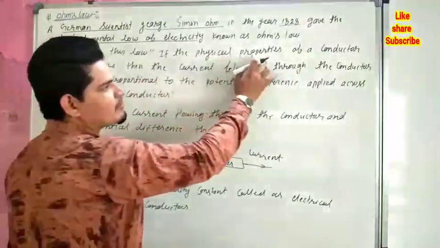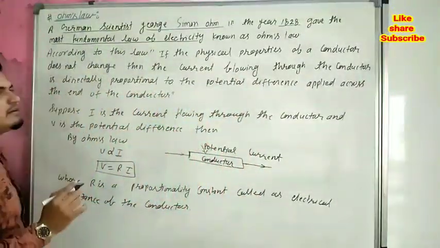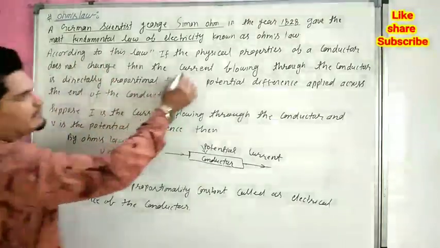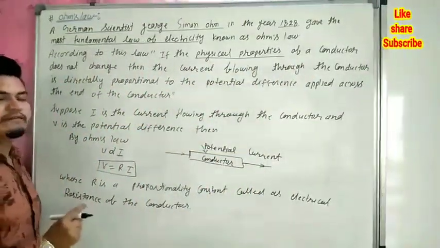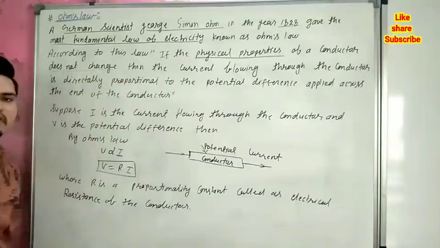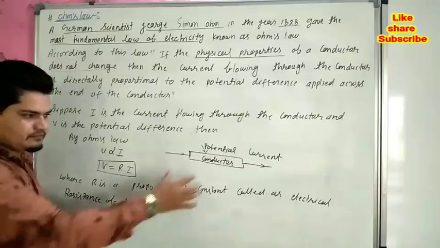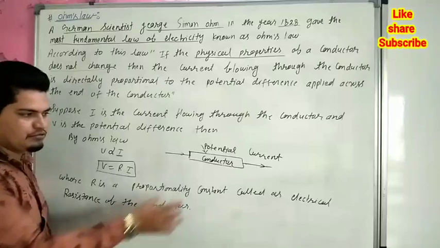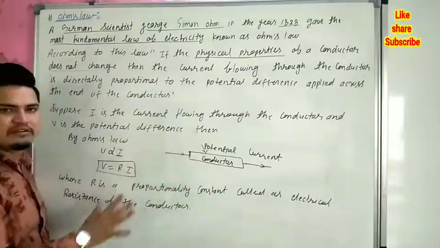if the physical properties of the conductor do not change, remember the condition. Physical property means the length of the conductor should not change, the temperature of the conductor should not change, and the shape and size of the conductor should not change.